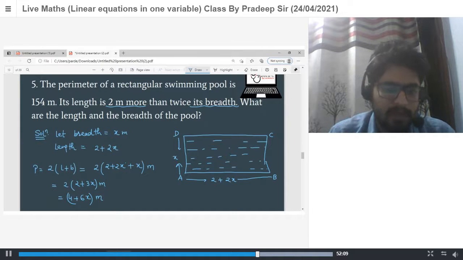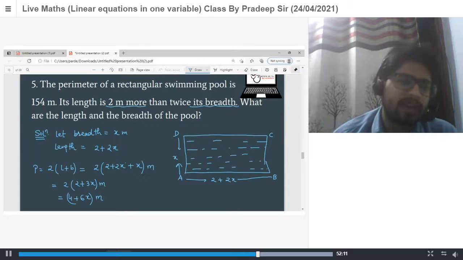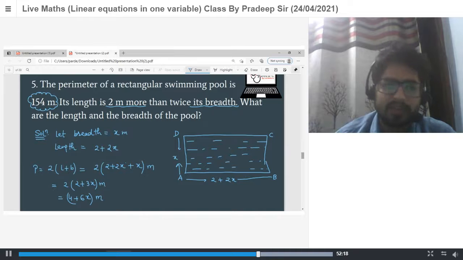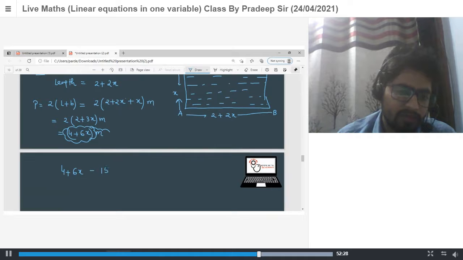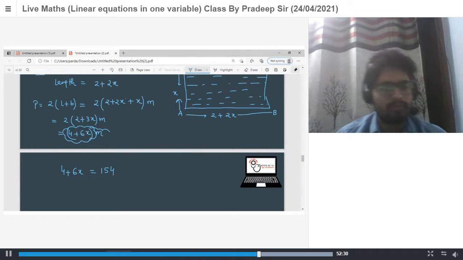Now we are given that perimeter is 154. So this quantity must be equal to 154. 4 plus 6x must be equal to 154. Now find x. What is x?